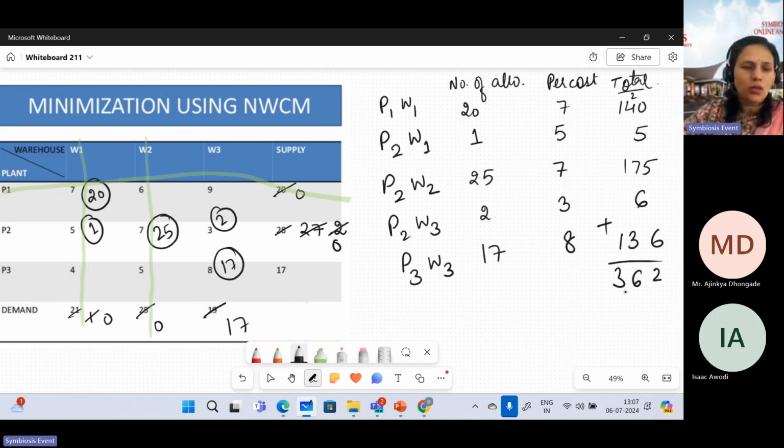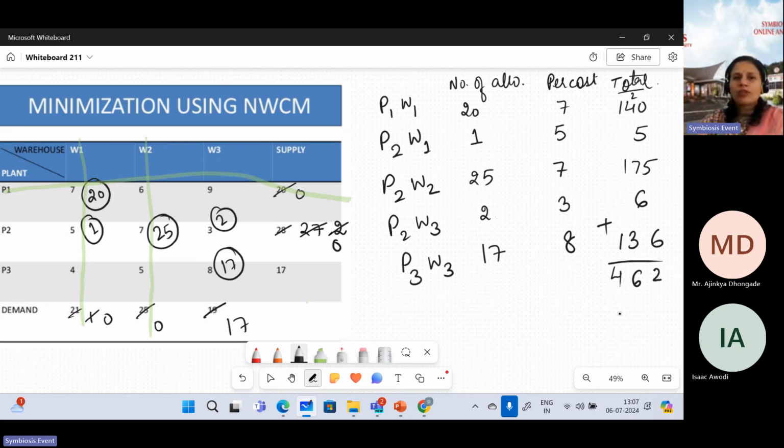Just I'll just confirm this figure. Done. So this is my transportation cost. But which method we adopted? We adopted northwest corner method.